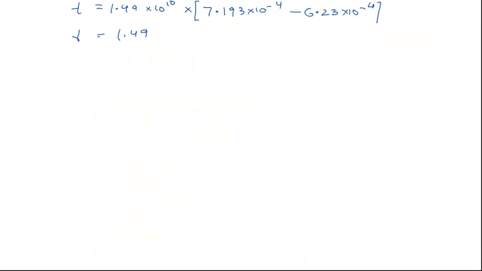So your time will be equal to 1.49 into 10 to the power 10 into 7.193 minus 6.232. This would be 0.961 into 10 to the power minus 4. Now this multiplied by 1.49, the time will be equal to 1.43 into 10 to the power 6 years. Right? Just solve this and you will get your answer.